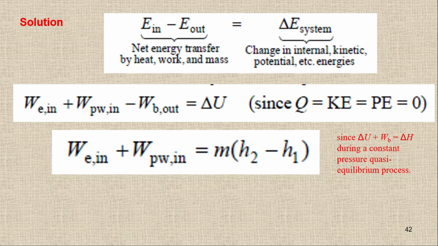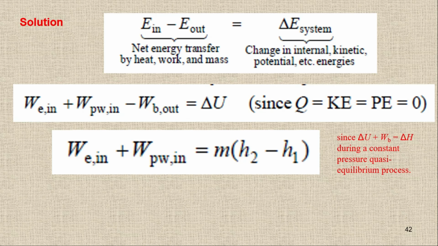Now, in order to get the enthalpy values, we have to use the data that is given. In the question, the pressure is given, and it is also mentioned that at state number 1, we have saturated liquid. Remember, in the question, the value of mass is not given, but the initial volume was given.